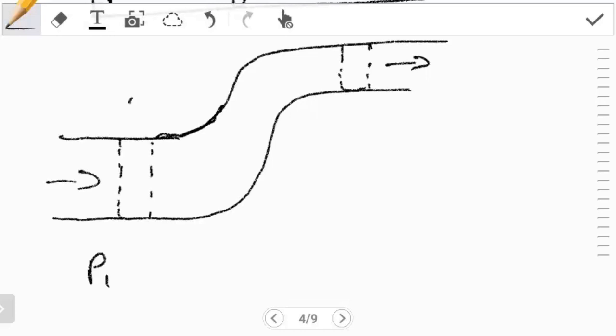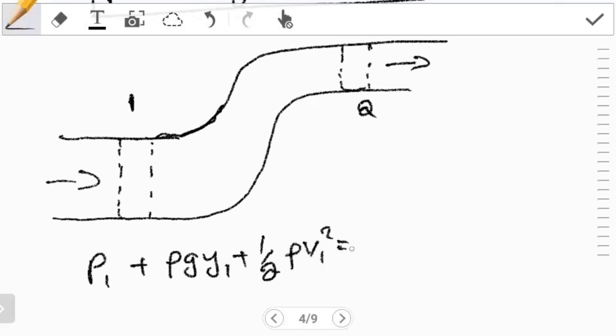So what we have is P1 plus rho g y1 plus half rho v1 squared will be equal to P2 plus rho g y2 plus half rho v2 squared.